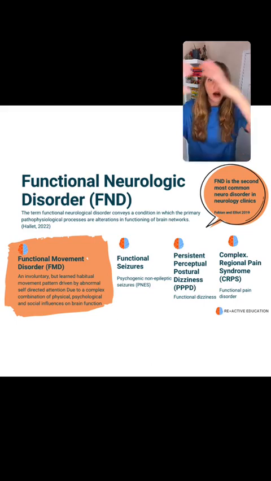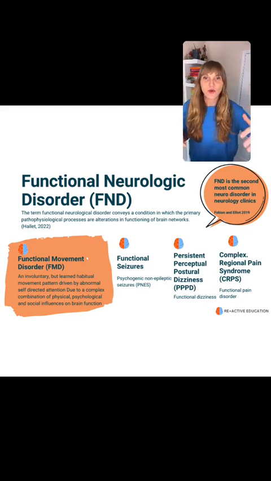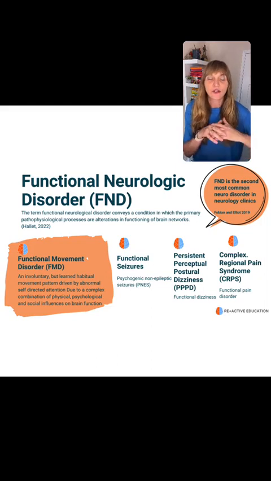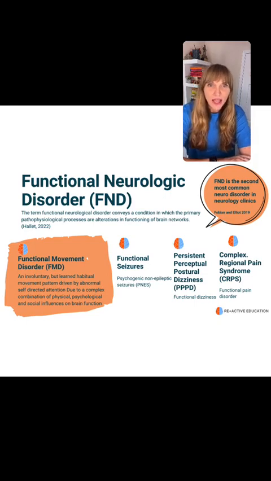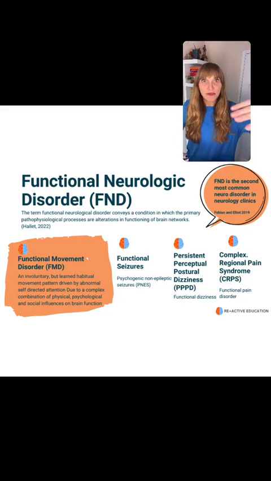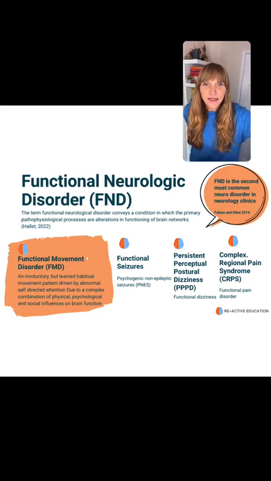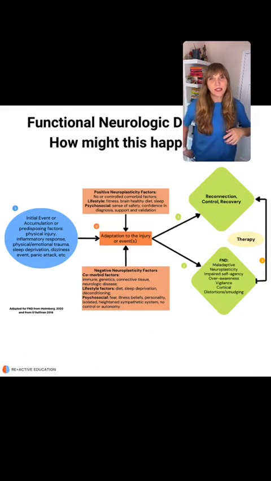And it is a broad umbrella term for many disorders: functional movement disorders, functional seizures, persistent perceptual postural dizziness, complex regional pain syndrome. All of these fall under the umbrella of functional neurologic disorders. So when I bring up this diagram, it actually has that as the background of thinking about the overlapping pieces for many of these disorders.